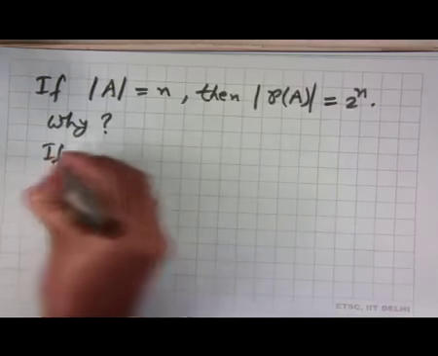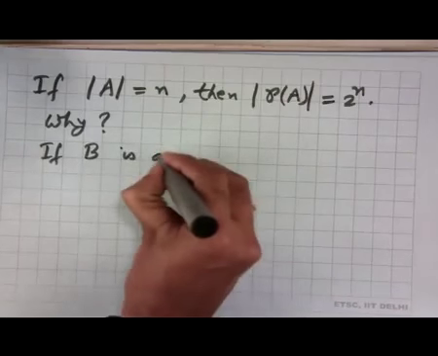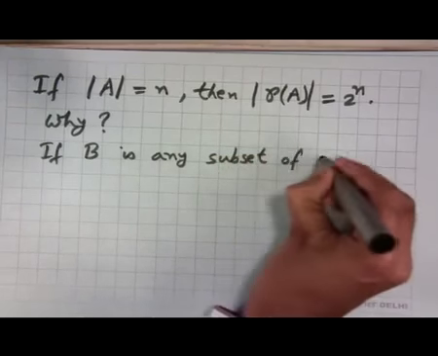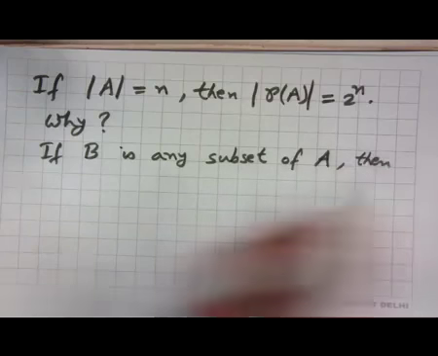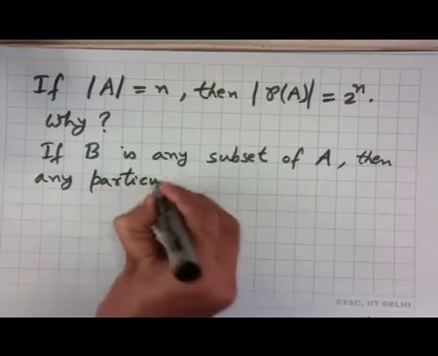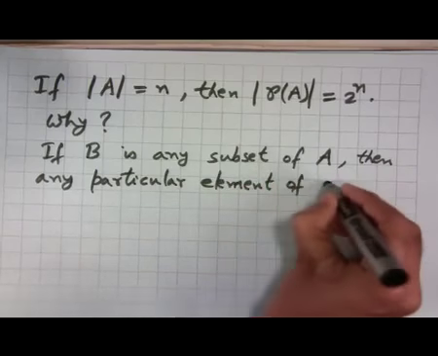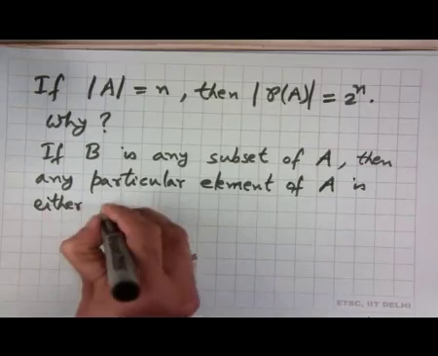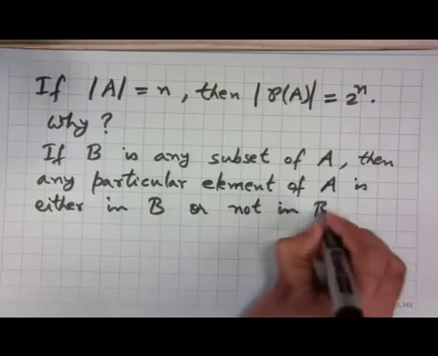So, if B is any subset of A, then any particular element of A is either in B or it is not in B, right.